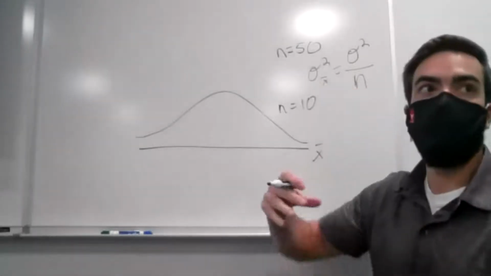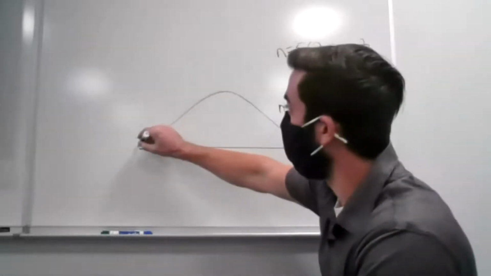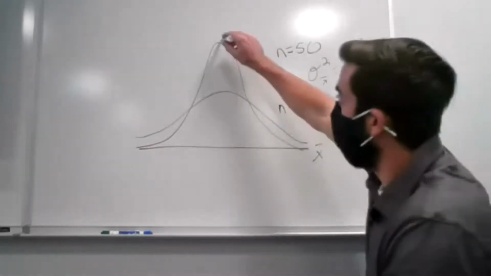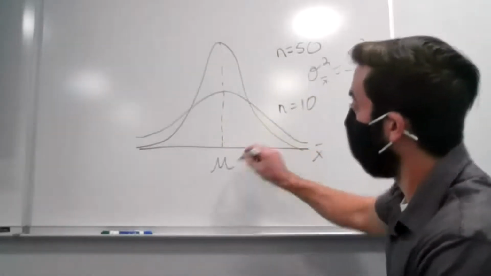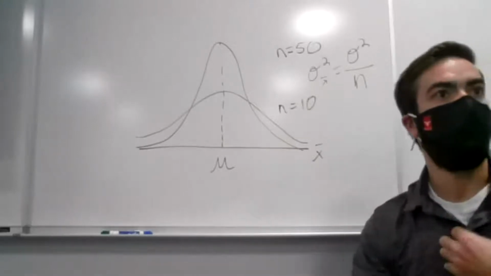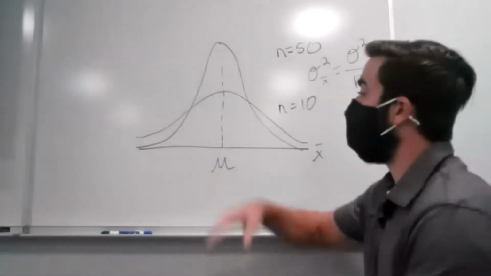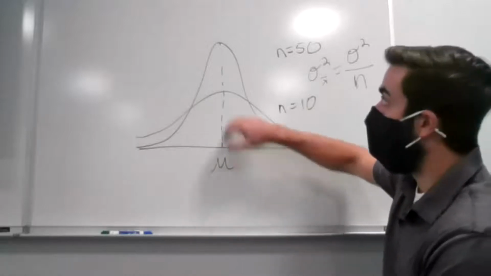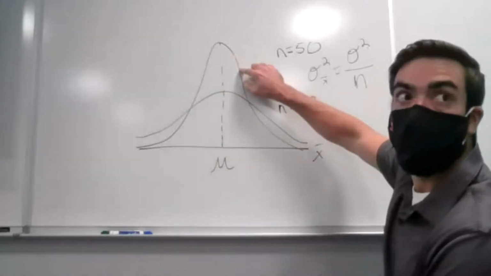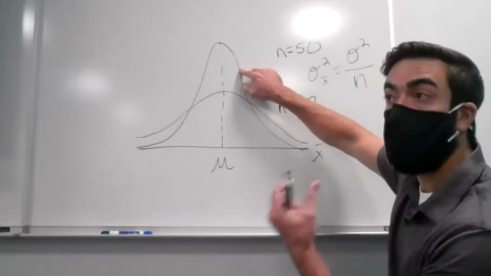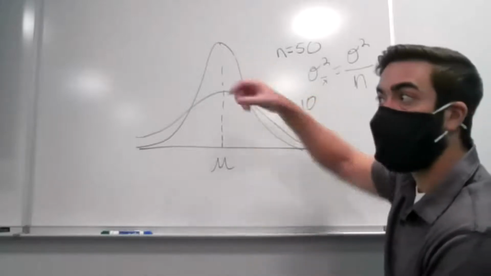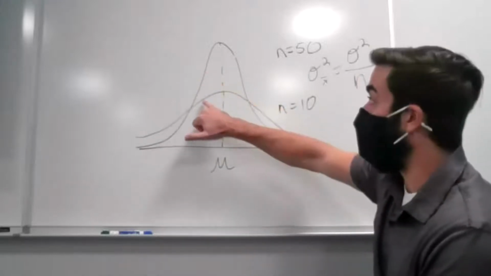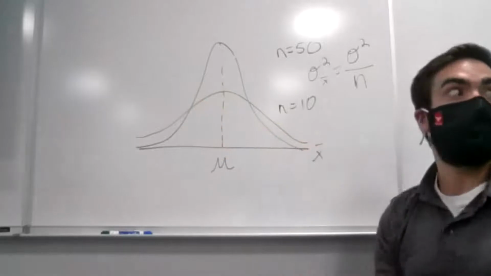A lower variance means a more peaked distribution, so it would look something like this. Now remember, these are both centered around the original population mean. So when I take a higher sample size, the values near that population mean are now more likely for me to see from just taking one sample. If I just take one sample, the probability I see this value, up here, is now higher than it would have been if I only had taken samples of size 10.